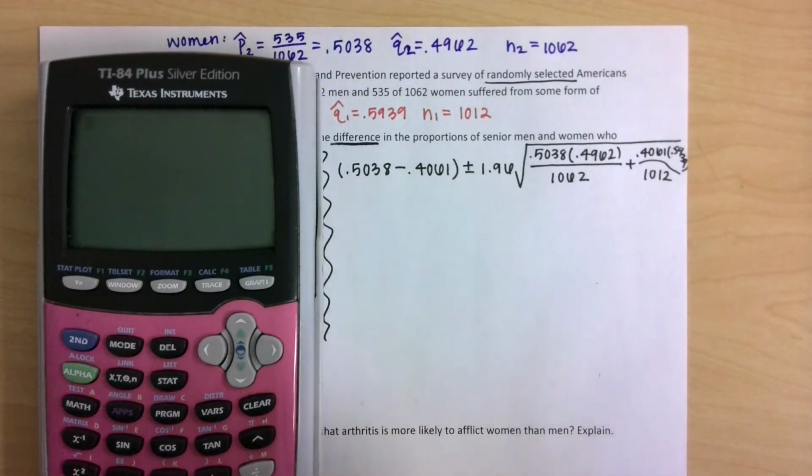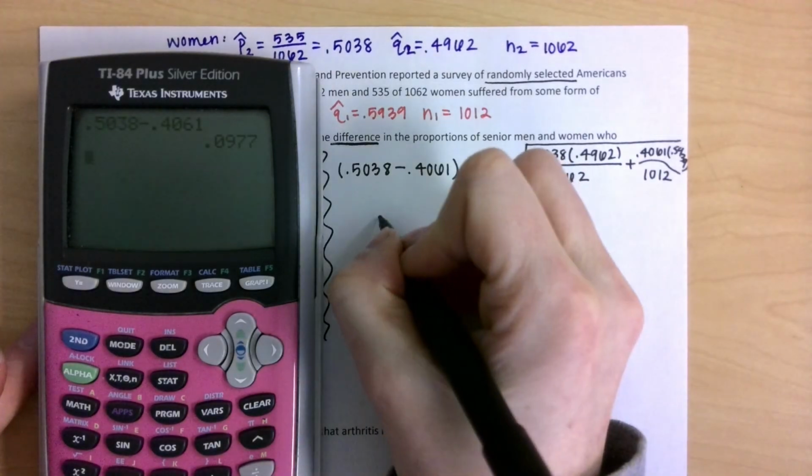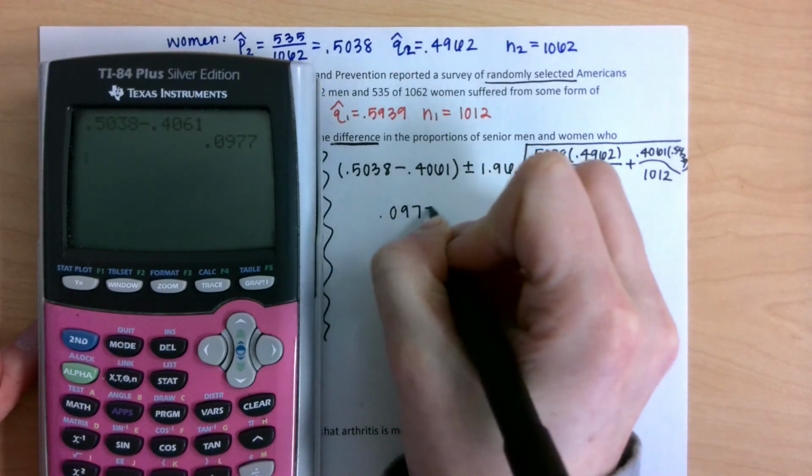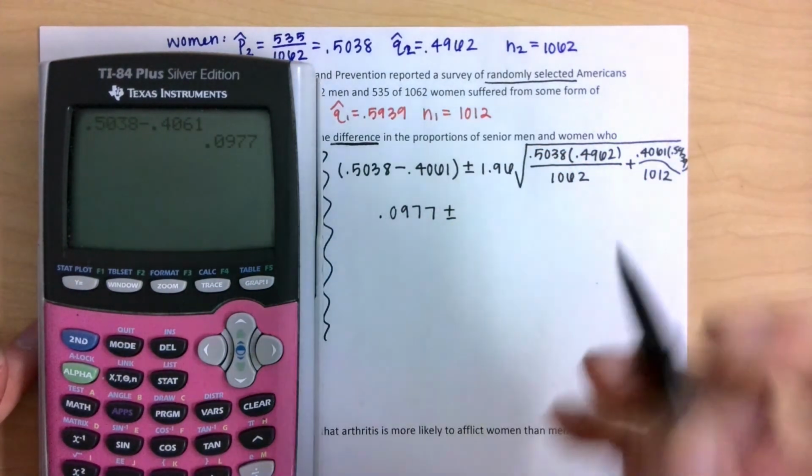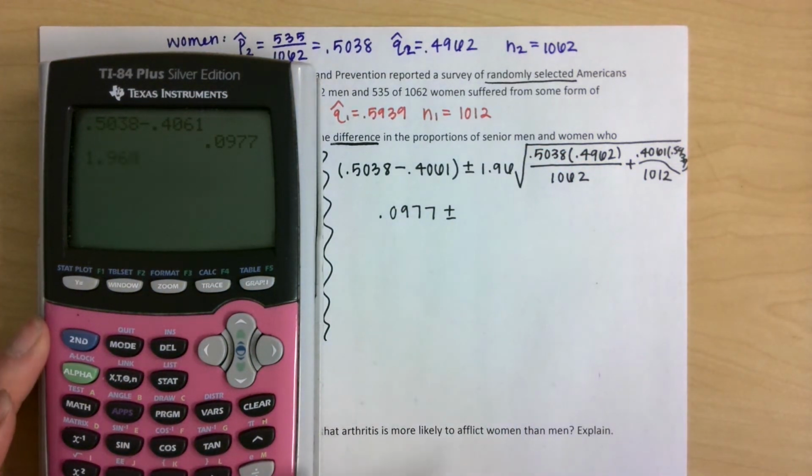Okay, I'm going to start with finding this value here, just that difference. Now find my margin of error. Take your time when plugging it in. It can be very easy to mistype something.